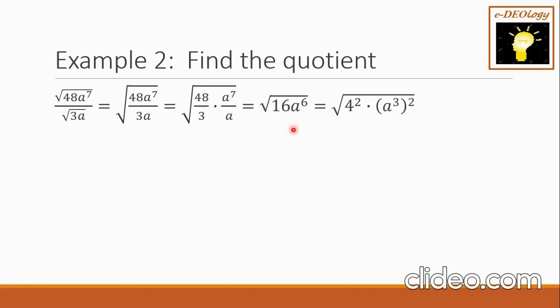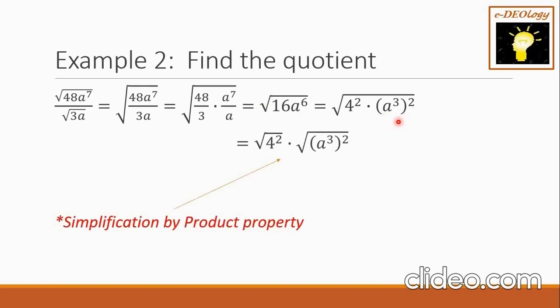The next is the 16. We're going to show that this is equal to 4 squared. And then for the a raised to 6, we're going to represent this by a value with power 2. And inside the grouping symbol is a cubed. Next, we're going to distribute the square root into each of the factors here.